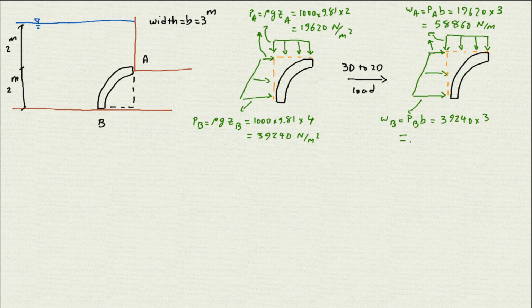So eventually if we do that, it would come out as 117,720 Newton per meter. Now we'll go ahead and replace this with the forces. So we know that here I would have the FH, and then here I would have the FV.